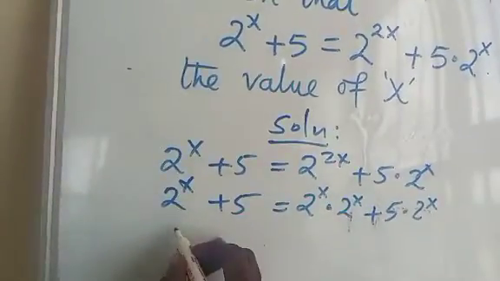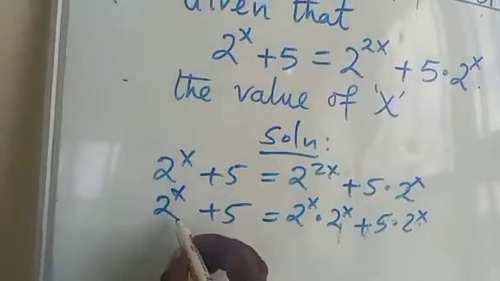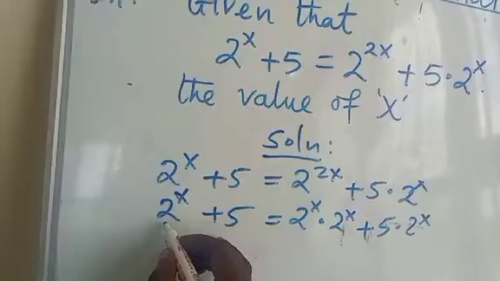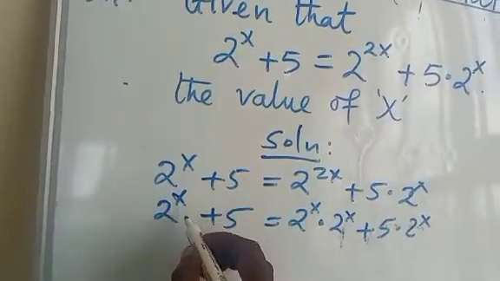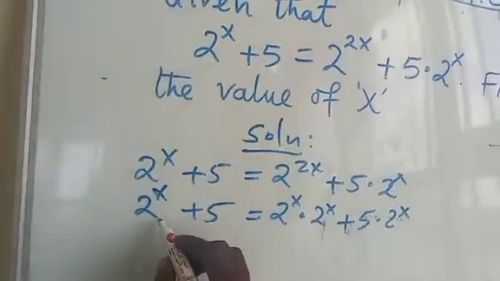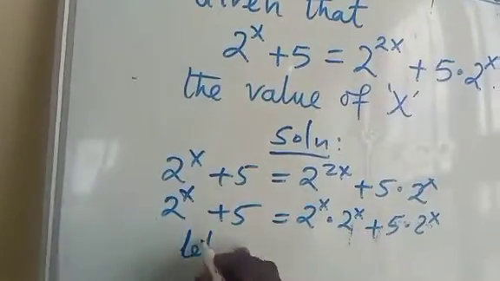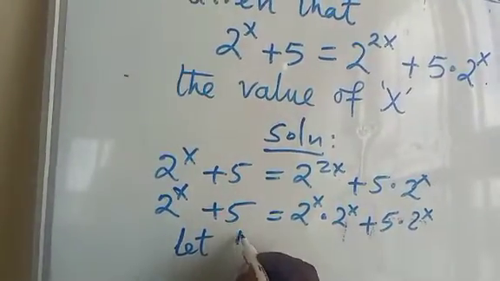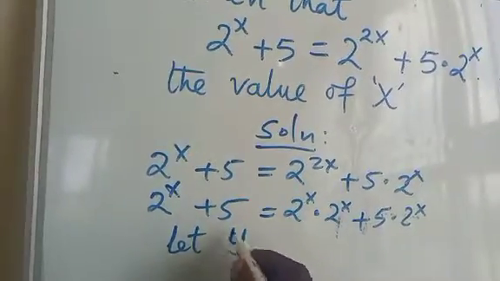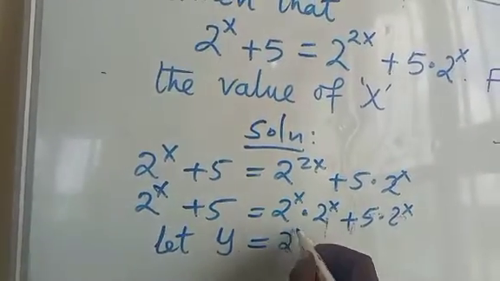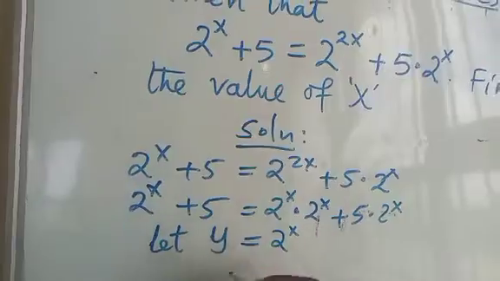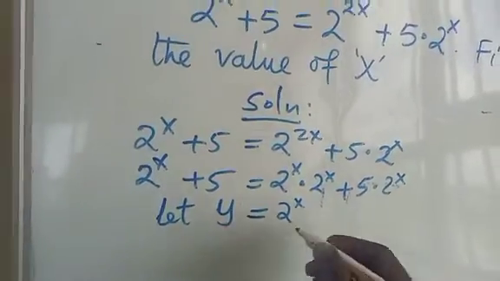So since we have 2^x four times, 1, 2, 3, 4, we can let any letter, for example, y = 2^x. Then we can substitute y where there is 2^x.